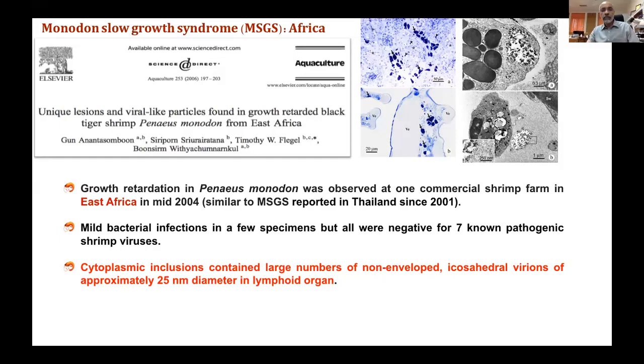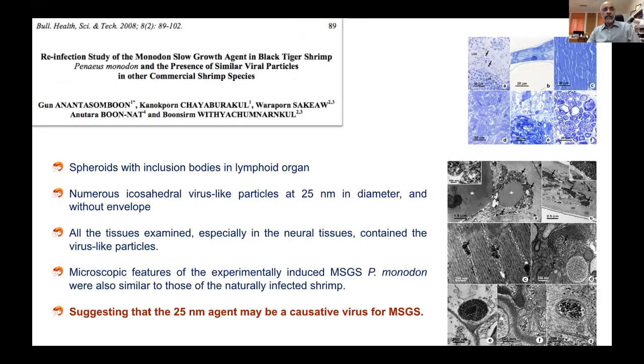But then the problem is that people have identified microsporidium, people have identified bacteria, people have identified RNA virus, and then they found reinfection with the monodon slow growth agent, and the presence of small viral particles in other commercial shrimp species. So they could at least replicate the disease condition in the laboratory, and they found several pathologies associated with that.